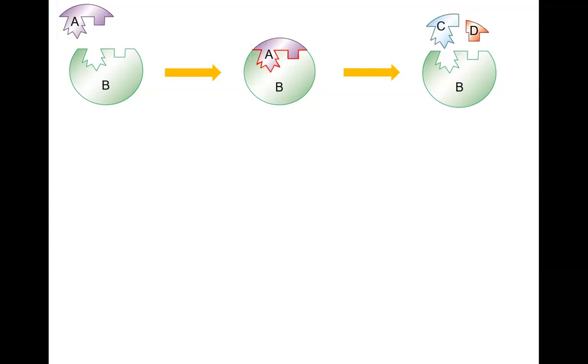Okay, this is the active site of the molecule B, the enzyme. So the molecule A can fit the active site of the enzyme. So they can combine together to form the enzyme substrate complex. Okay, so this is the enzyme substrate complex.